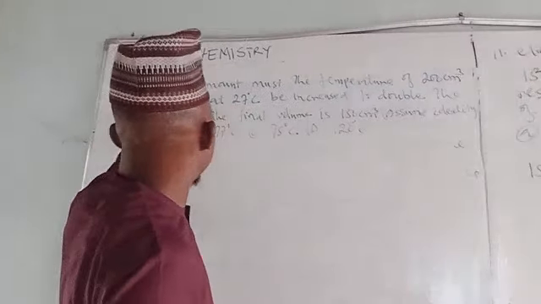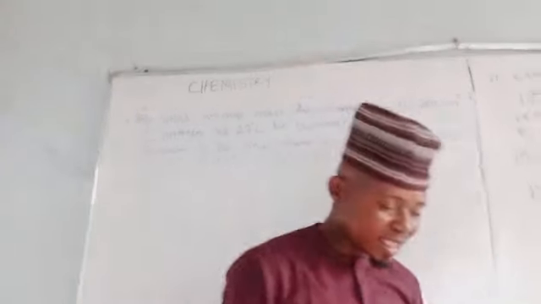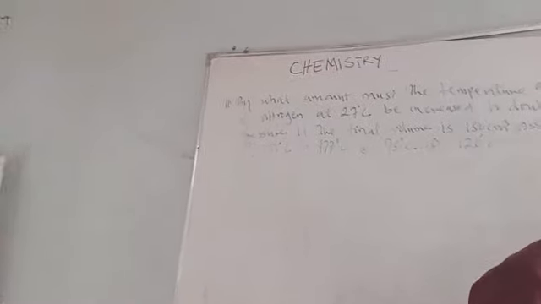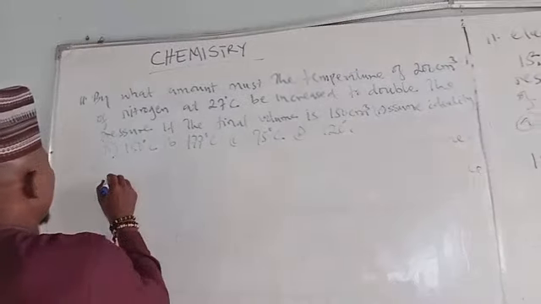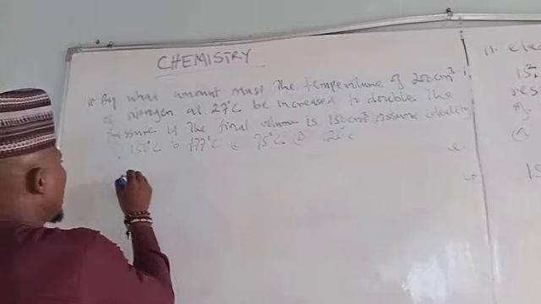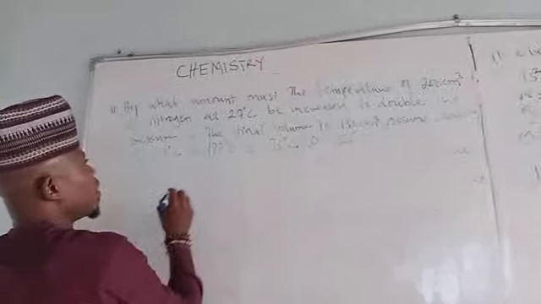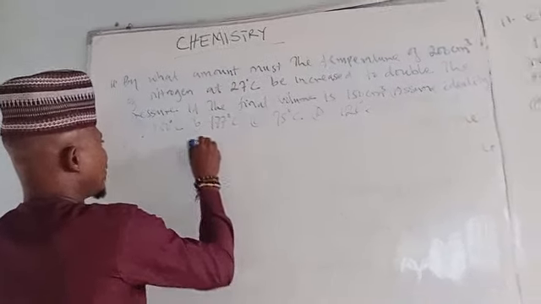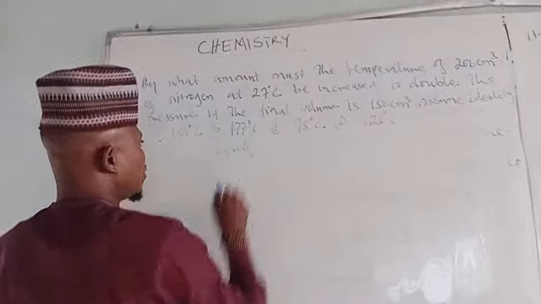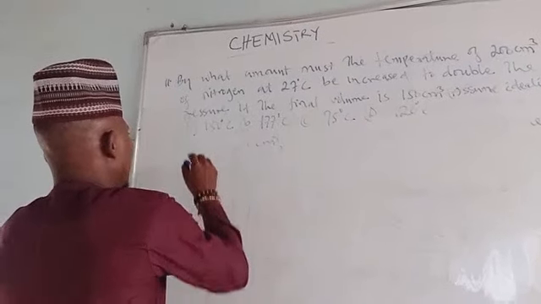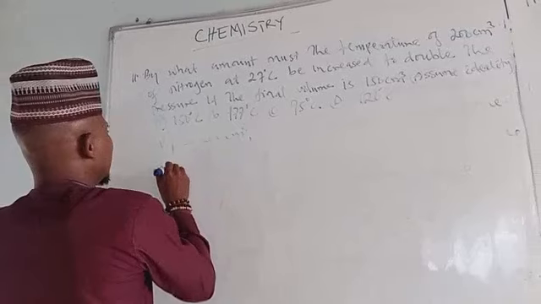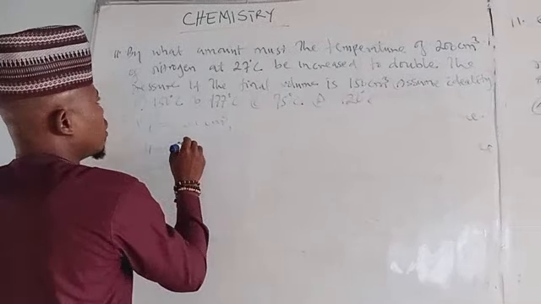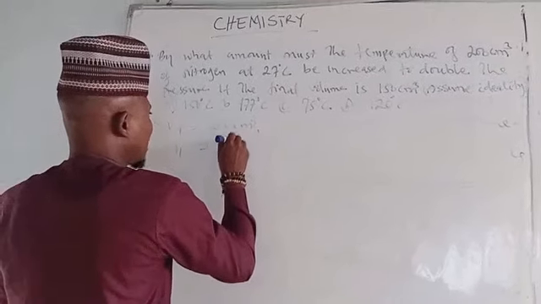So the question is, by what amount must the temperature be increased? By what amount must the temperature be increased? So now, we are going to take the details. How do we solve this? We say V1 is equal to 120 cm³. T1 is equal to 27 degrees Celsius.